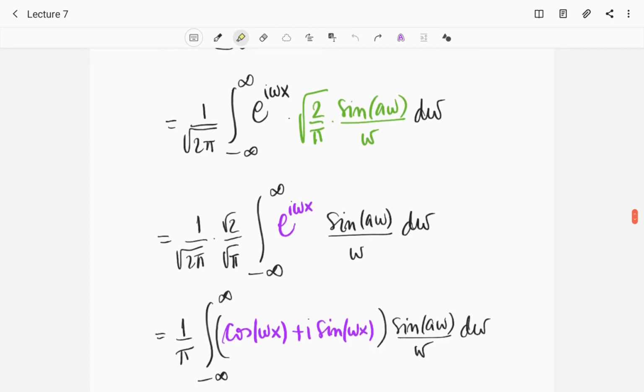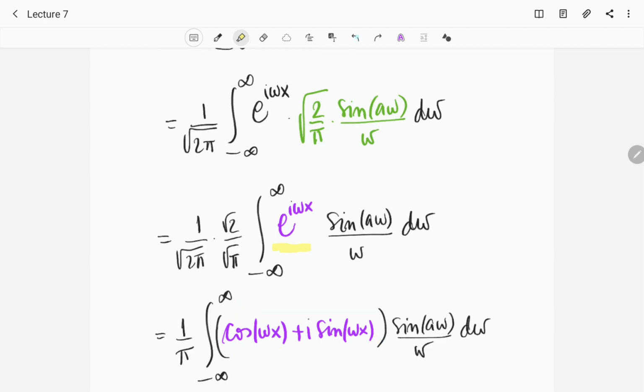Okay, so replacing this Fourier transform of f, which is exactly this green expression, we have to compute this integral. So this number can go out from the integral, and also in the next step this number turns out to be 1 over pi. Okay, we can forget about the number, and then we need to work with this expression here that in principle we have no idea how to compute, but the trick is to remember that this complex exponential function is exactly equal to cosine of omega x plus i sine omega x.